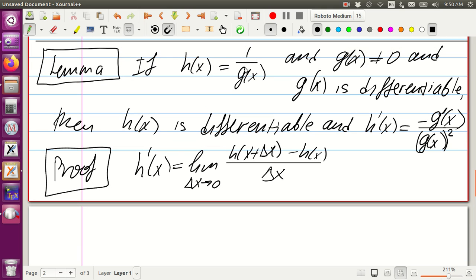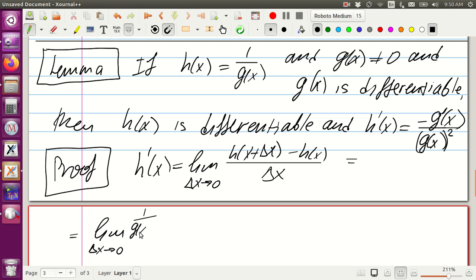So let's try to do that. So we say limit delta x goes to 0. We have 1 over g of x plus delta x. Then we have a minus, and we have g of x in the denominator, and in the big denominator we have delta x.